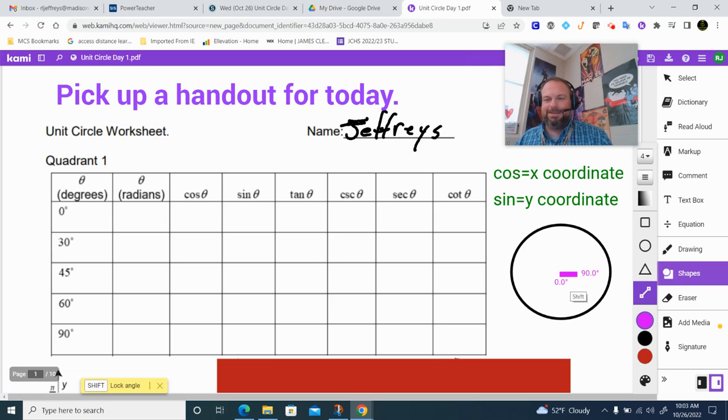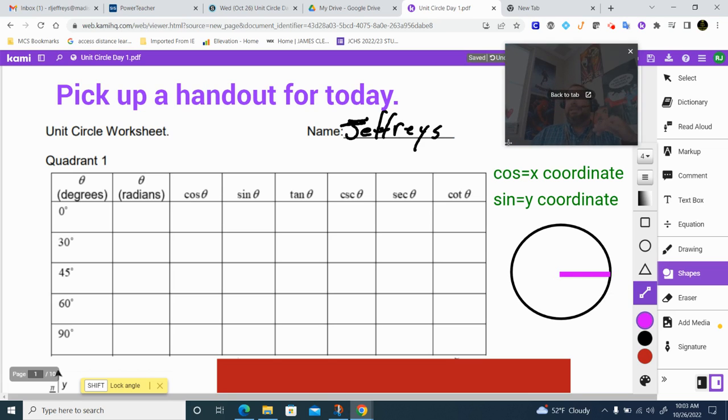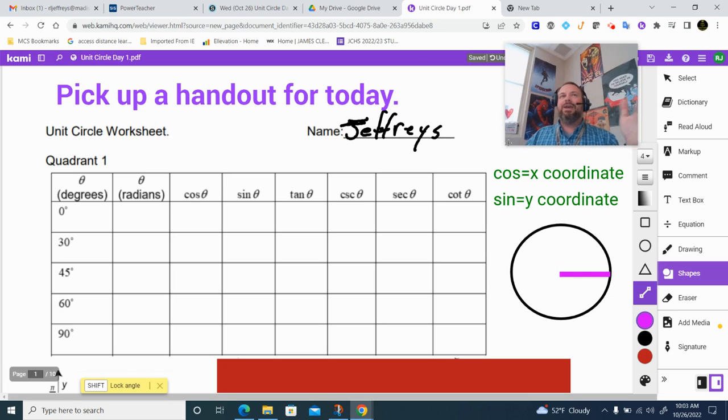Okay. All right. So we have these lines, and all of these have a length of 1. So it's basically like we're taking it and it's rotating. Now, these are called radians. I wonder why. Because this is going from the center of the circle to the edge. That's the definition of a radius.